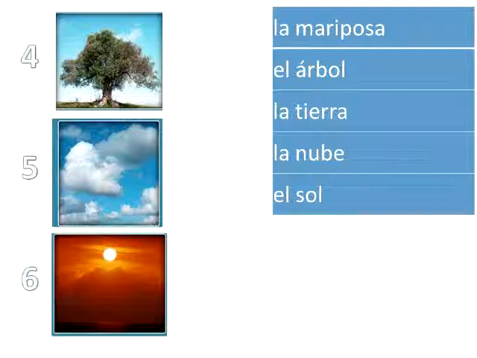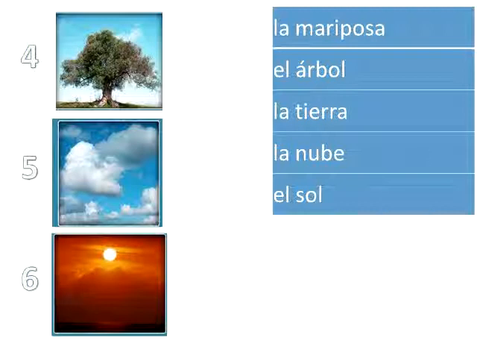Okay, so let's take a look at the second set when you guys have for number 4. Number 4. Okay, el árbol, good, el árbol. Okay, and what do you have for number 5? La nube. It looks like it's more than one, so how would we turn that into plural form?